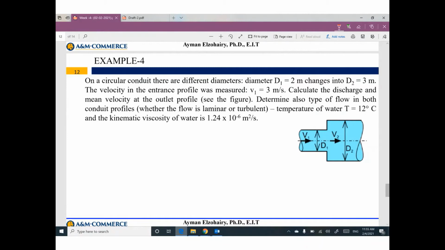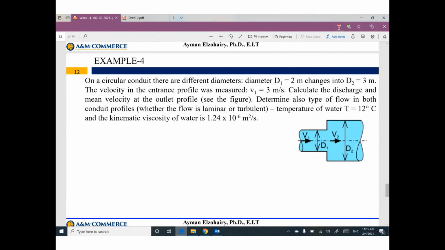For example number 4, we have a circular conduit.